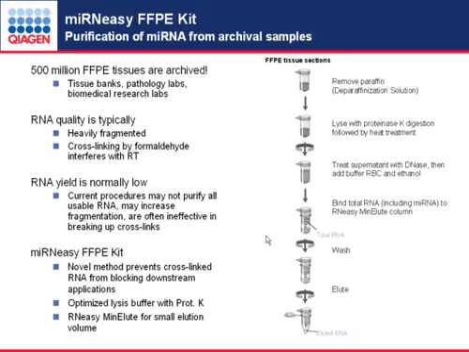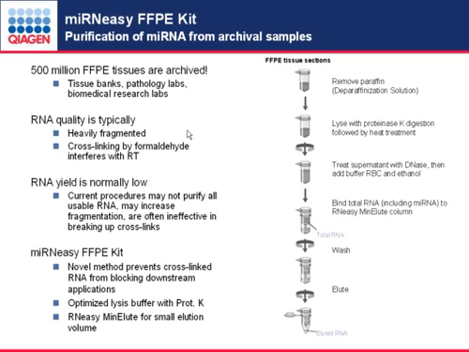In addition, QIAGEN also offers the miRNeasy FFPE kit, which is ideal for purification of microRNA from archival samples. And this is very important, as there are over 500 million FFPE tissues that are archived, and the discovery of the importance of microRNAs is very widespread.